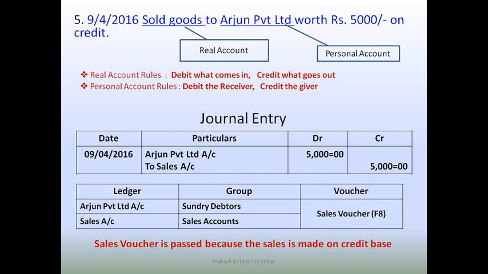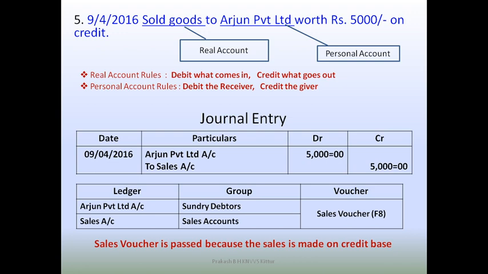Rs 5,000 is debited. And then to sales account. The company sold the goods to Arjun Private Limited on credit, so the head of the account is the sales account. Sold means it is the sales account.